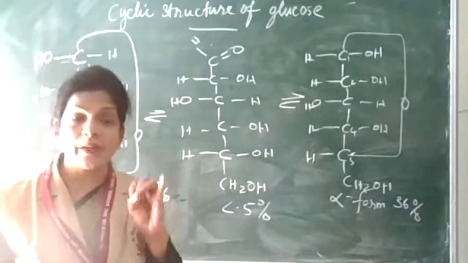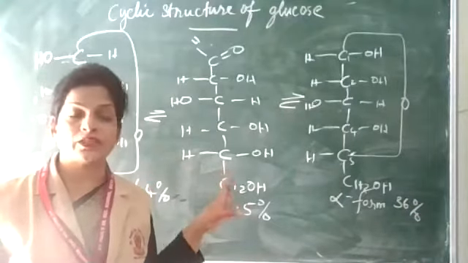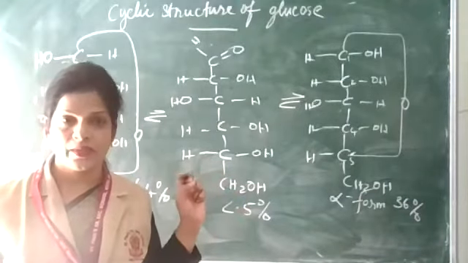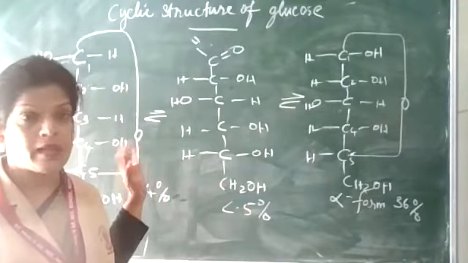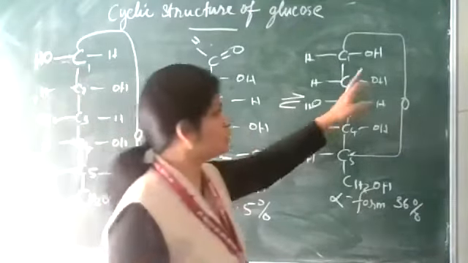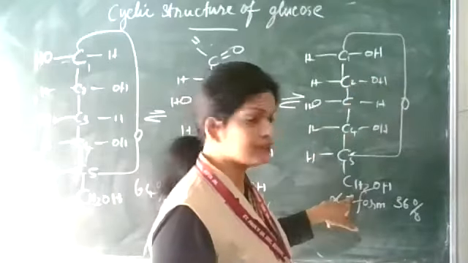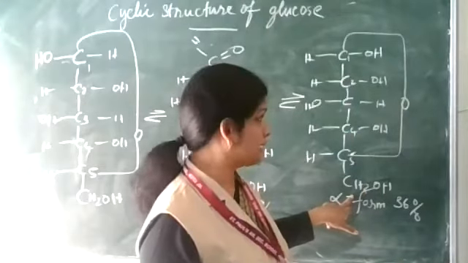Number one, despite having an aldehyde group, glucose does not give the products with DNP, NaHSO3 and Schiff's reagent. Pentaacetate of glucose does not react with hydroxylamine. Pentaacetate means, as I showed you last day, acetate groups here, here, here, here, here, five ester groups attached.